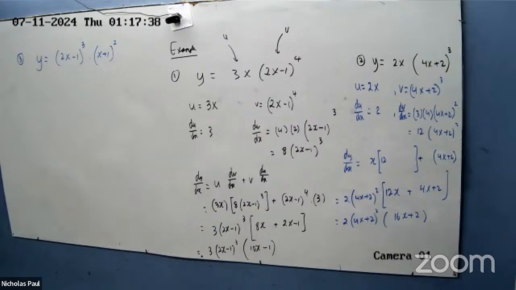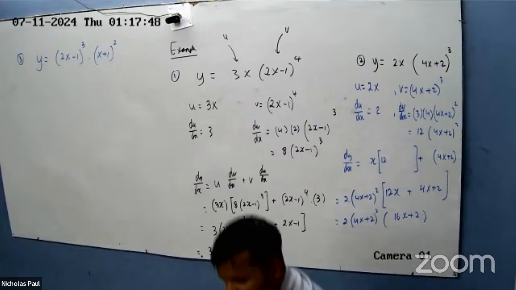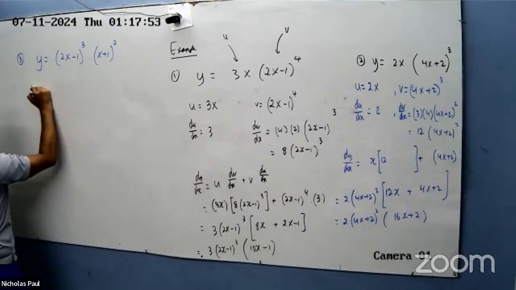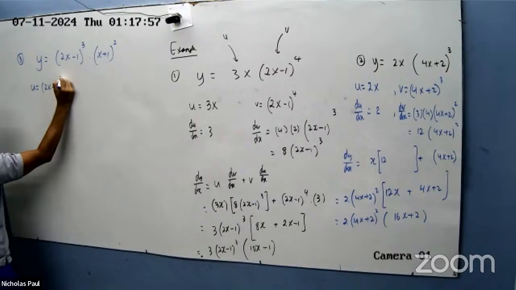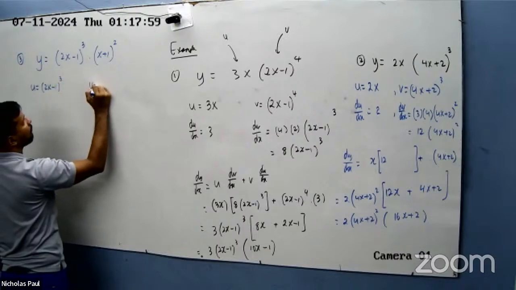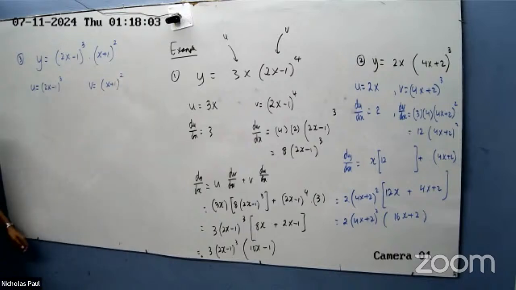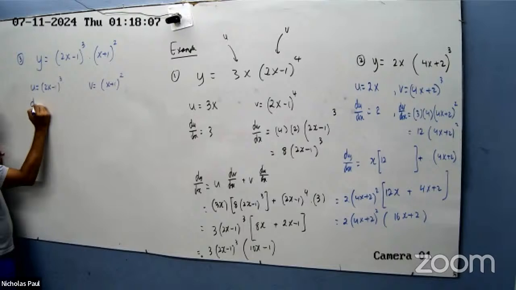I want to see what your factorization step looks like. I'll give you the differentiation part. What's the differential of this here?